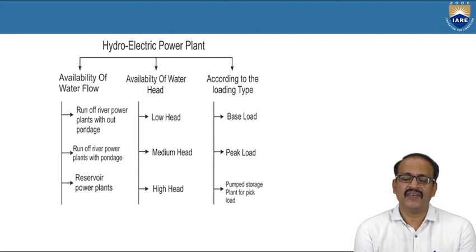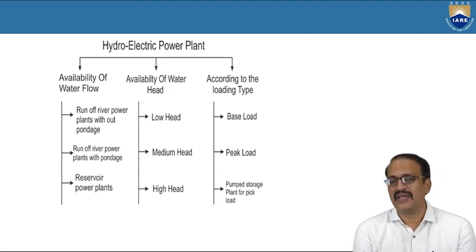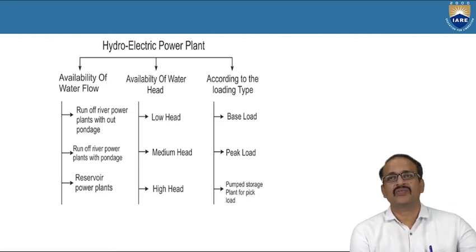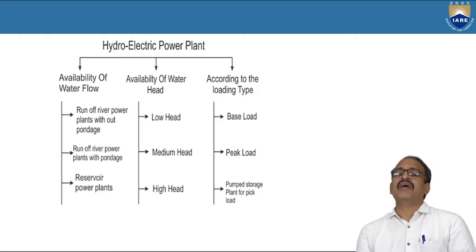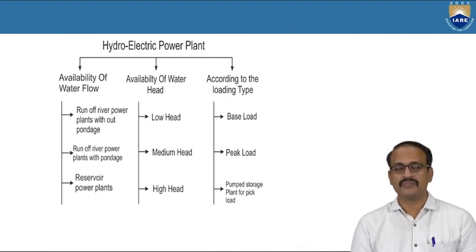So if it is meeting a base load, it is a base load dam. If it is meeting a peak load, especially some cascaded dams, and fast load, we use the pump storage dams for meeting this type of loads.